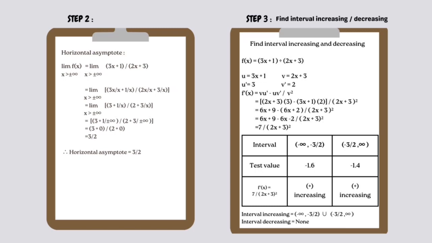For interval negative infinity to -3/2, the test value is -1.6, so you will get increasing. For interval -3/2 to positive infinity, the test value is -1.4, then you will get increasing. So the interval increasing here is negative infinity to -3/2, union with -3/2 to positive infinity. Interval decreasing here is none.